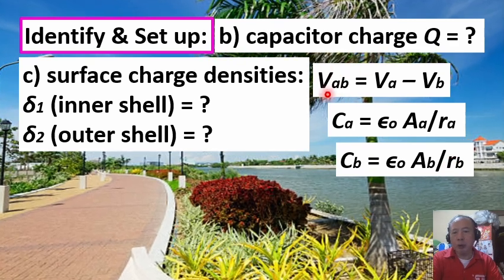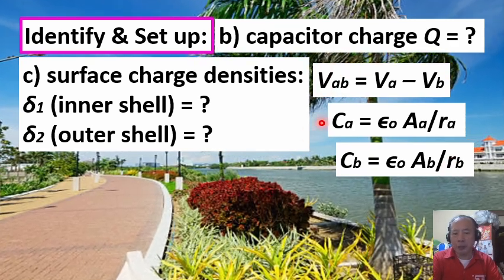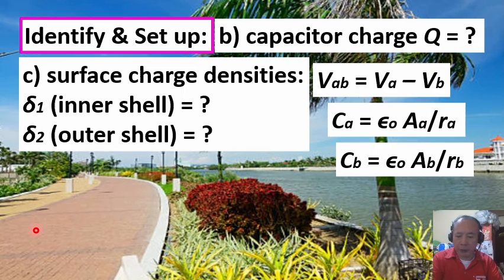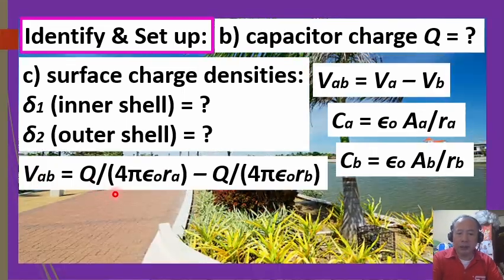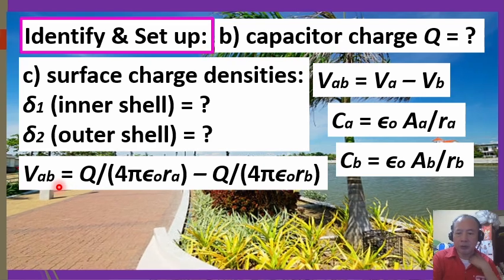So the potential difference, capital V sub AB, can be expressed simply in this equation.